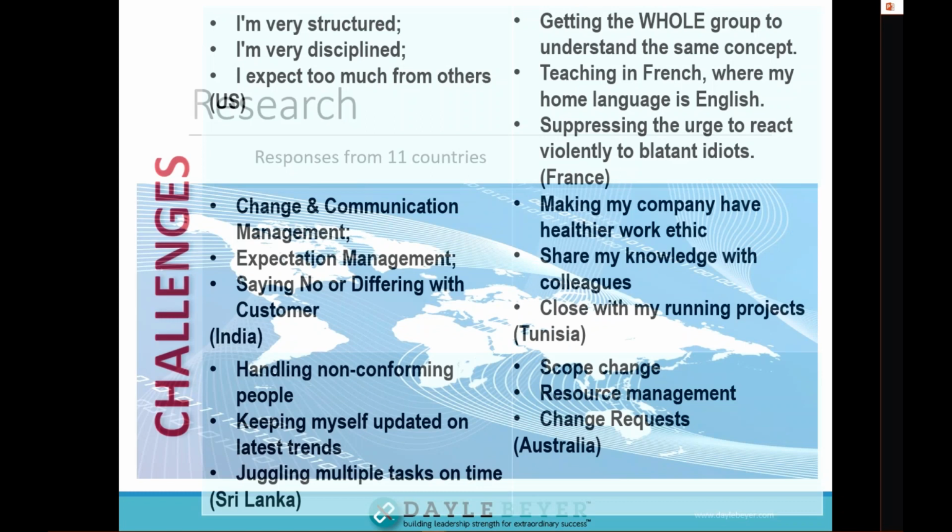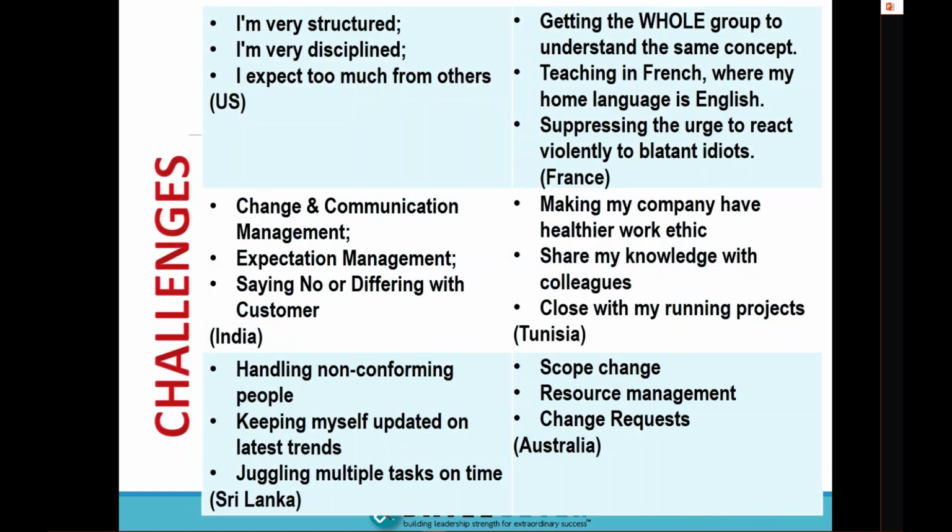So if you take a look at the United States here, and this is from another type of webinar that I did, I'm very structured, I'm very disciplined, I expect too much from others. Here's from Tunisia, making my company have healthier work ethic in a volatile part of the world. How could we be able to do that?